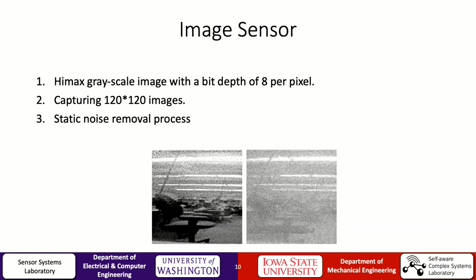We take an average across these images to estimate the noise. We subtract this noise from the images that we record to remove the static noise. Here we have the image before enhancement, and this one is the same image after enhancement.